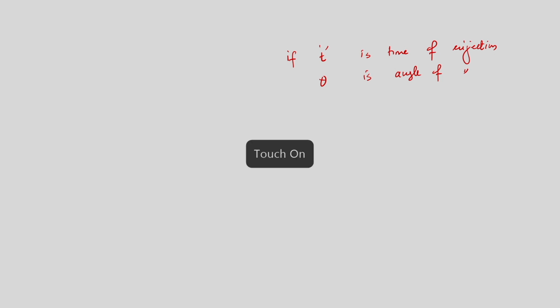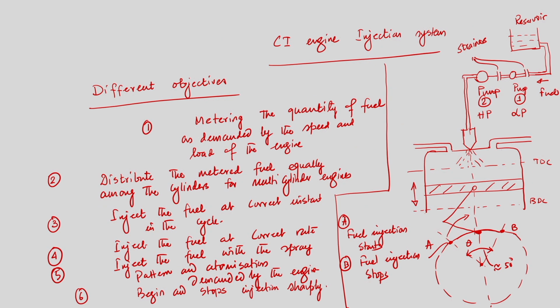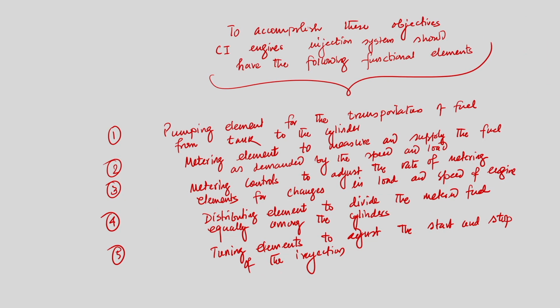say T is the time for the injection, and theta is the angle of injection. If we go back to the previous slide where we have seen theta, this theta is the angle over which fuel is injected into the engine cylinder.